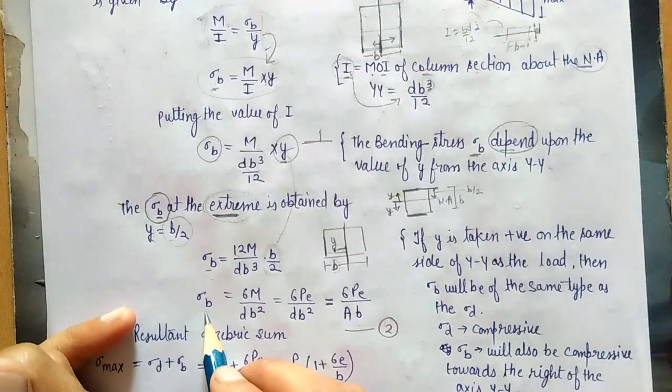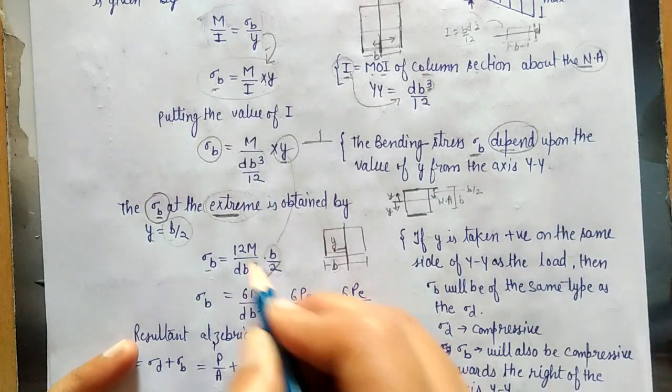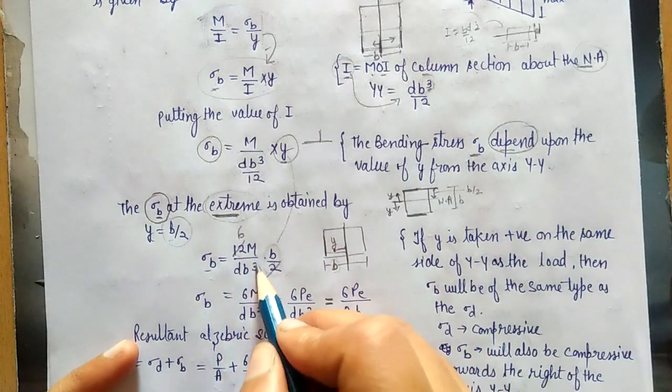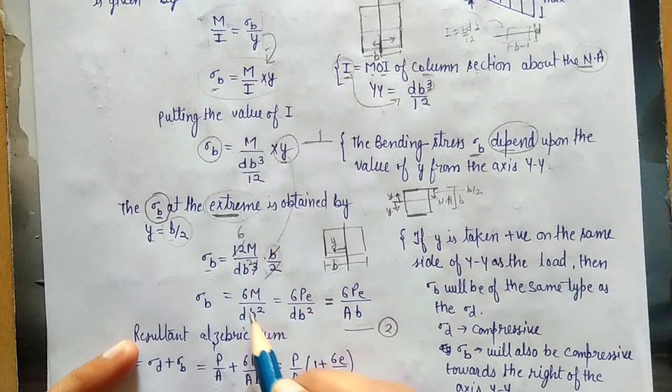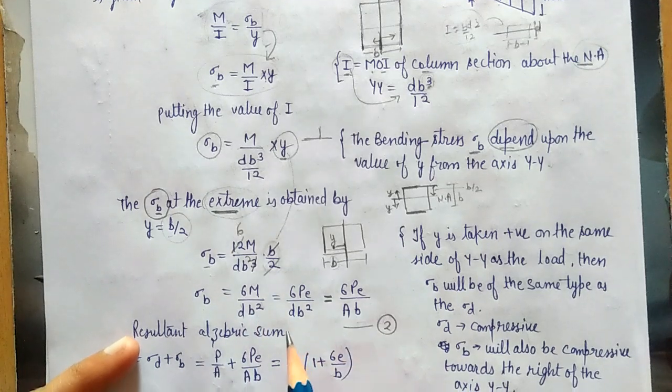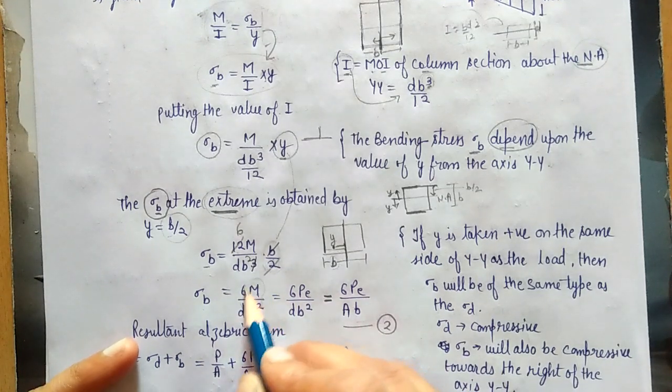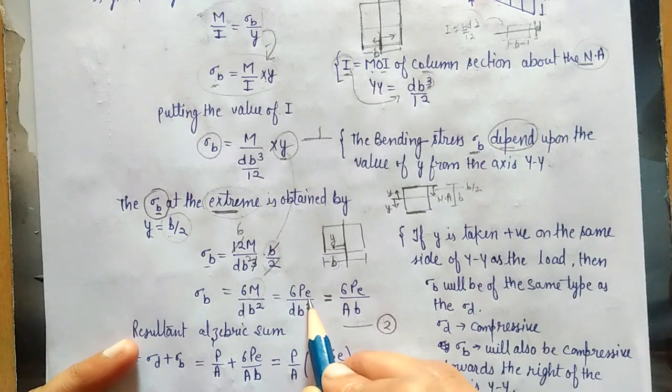So what is the value of sigma b? 2 sixes are 12, right? One b is cancelled, leaving b square, so 6M upon d b square. Now M is equal to P into e.